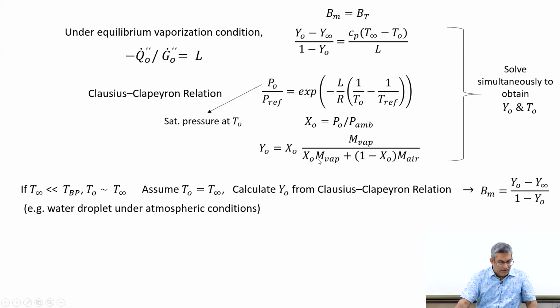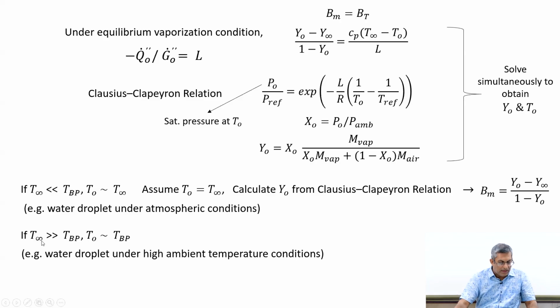Another example is if the ambient temperature is much higher than the boiling point temperature. In that case the temperature at the droplet surface will be close to the boiling point, but it will not be equal to the boiling point.